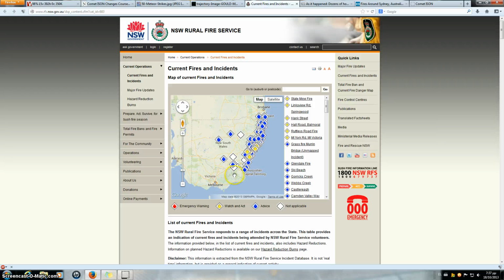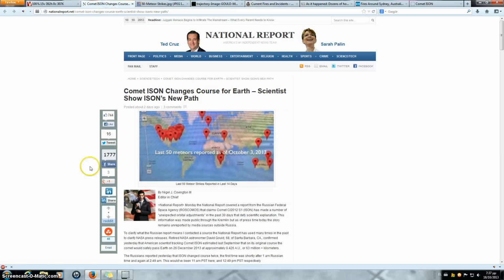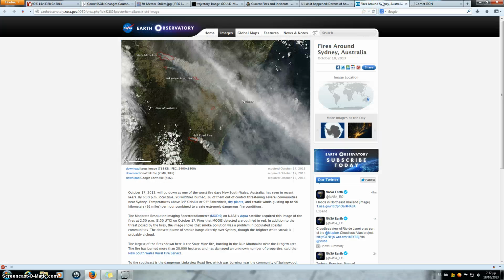But what I think is interesting is where these fires are situated. And I showed you a picture earlier here of the last 50 meteor strikes reported in the last 14 days. Look at where some of these meteor strikes are taking place. Oh, is that near South Wales? Is that where these fires are taking place?